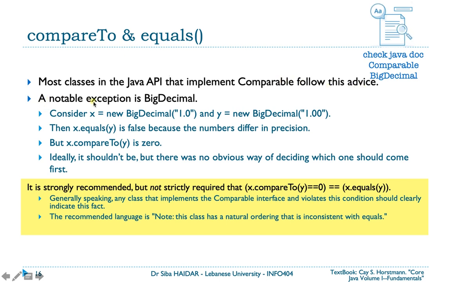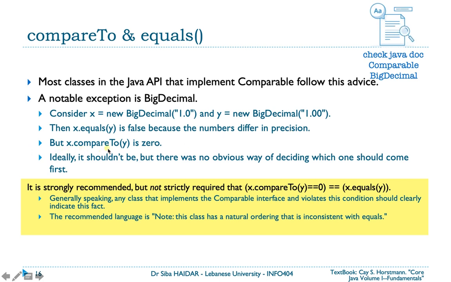A notable exception is the BigDecimal class. Consider x to be equal to new BigDecimal 1.0. This is a constructor that takes a string as a parameter, and another y that references a new BigDecimal object initialized using the constructor and given 1.00. Then x equals y is false because the number differs in precision.